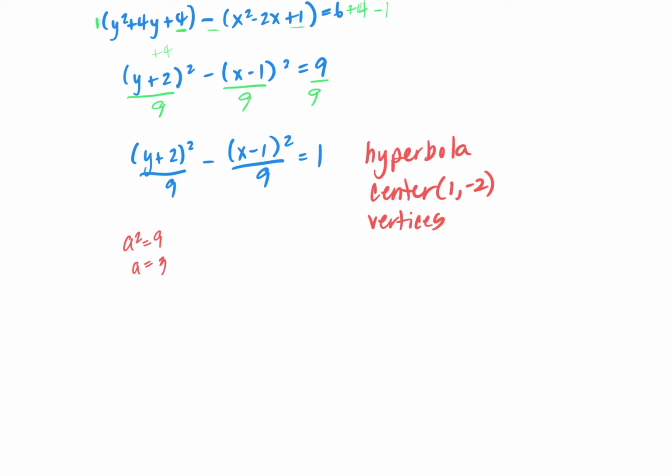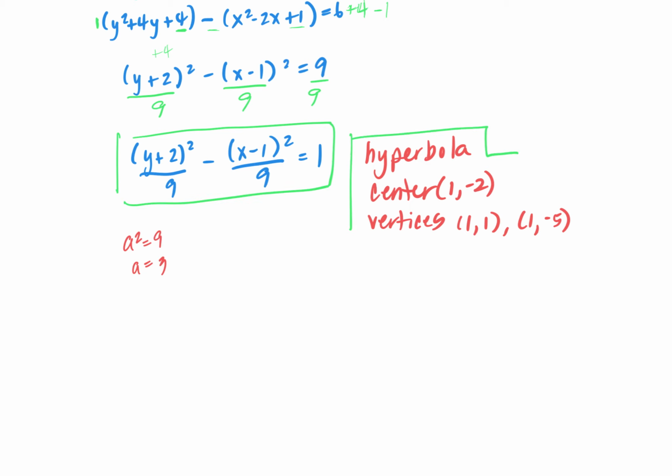By adding and subtracting 3 to the y values, we will have (1, -2 plus 3), which is (1, 1), and (1, -2 minus 3), which is (1, -5). That's our equation in standard form, and this is the conic section along with key information. So that is it for these two sections.